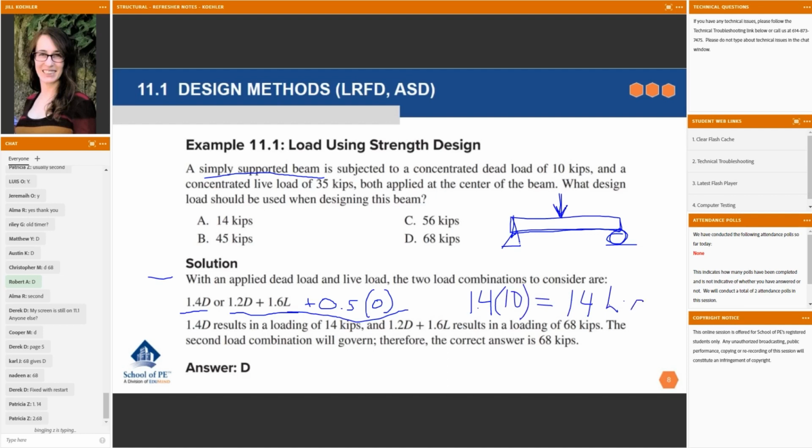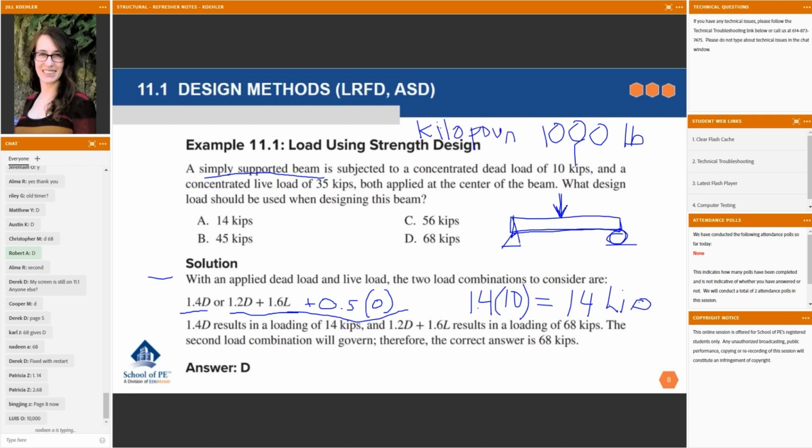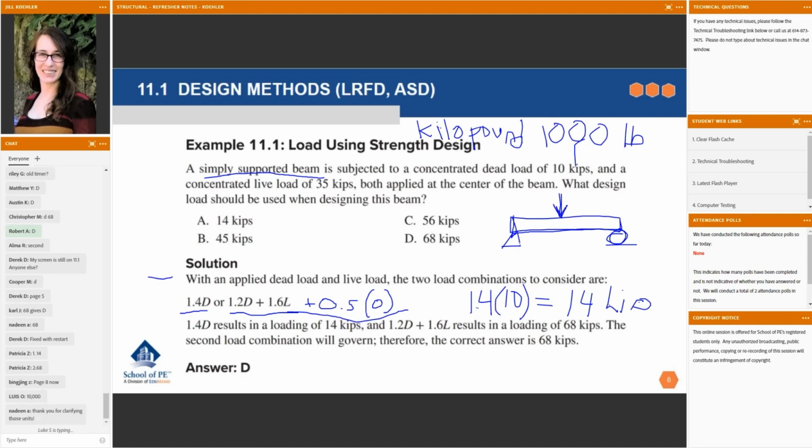And for anyone who doesn't already know, kip means kilopound, or 1,000 pounds. Okay. All right, so 1.4 times 10 kips equals 14 kips.